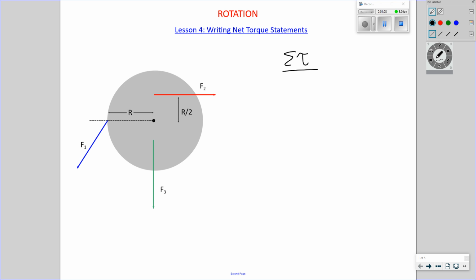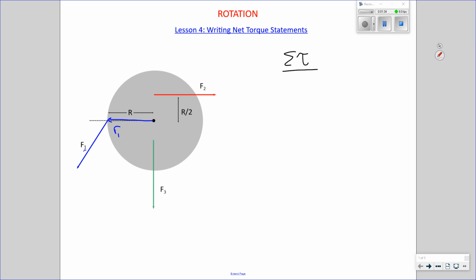The question is, which of the forces produce torques and which ones don't? I'm going to help you a little bit. I'm going to draw vectors r for each of these forces. Here is a vector I'll call r1, corresponding to force 1.